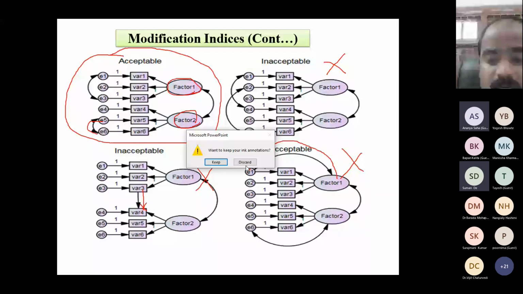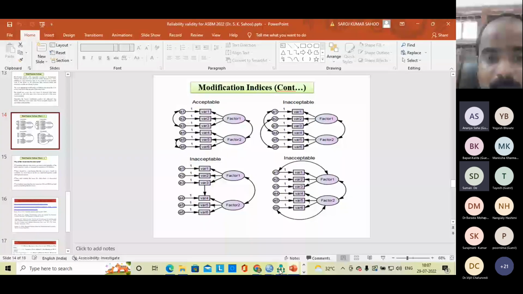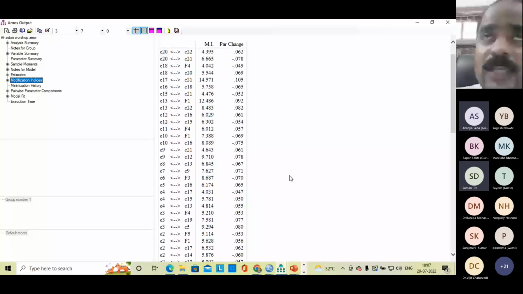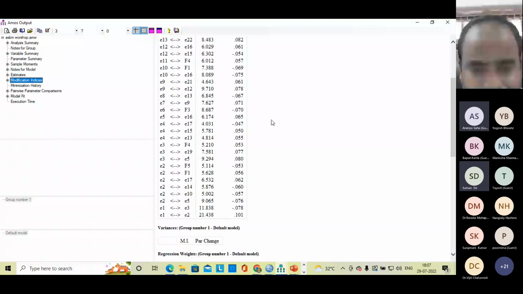Now look at the modification indices. What I said: those modification indices will be correlated which carry the highest, larger positive values, and only if they come under one construct. Look at here. What is the positive value? This is positive, the highest positive value.